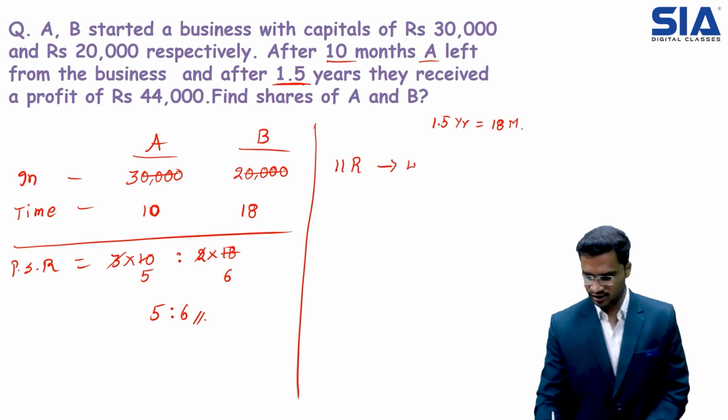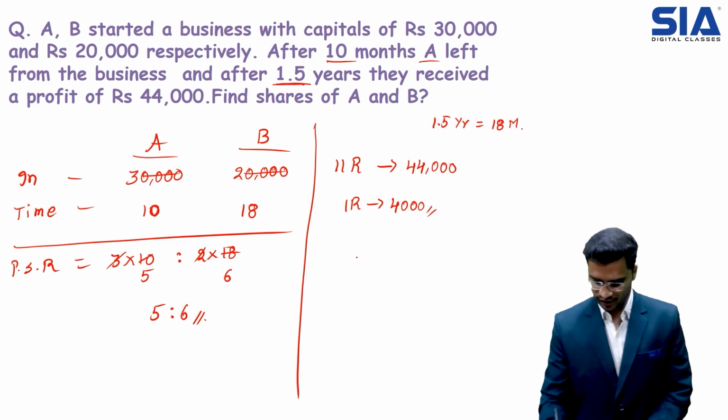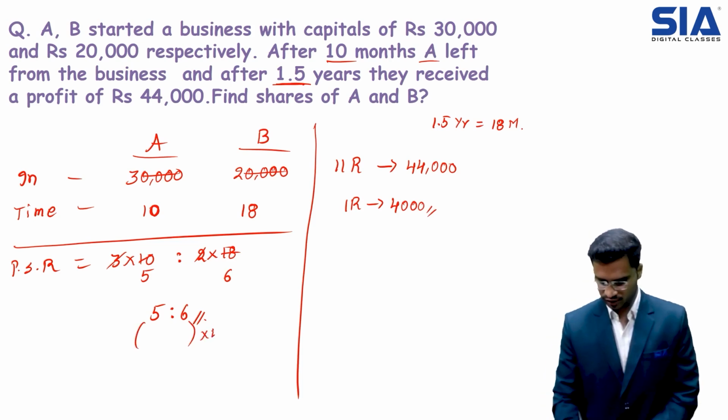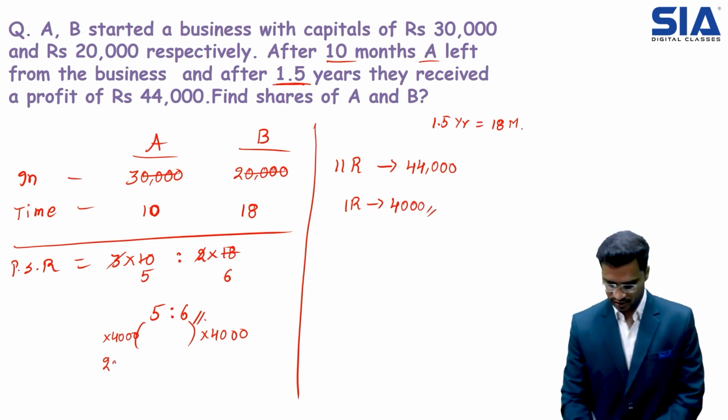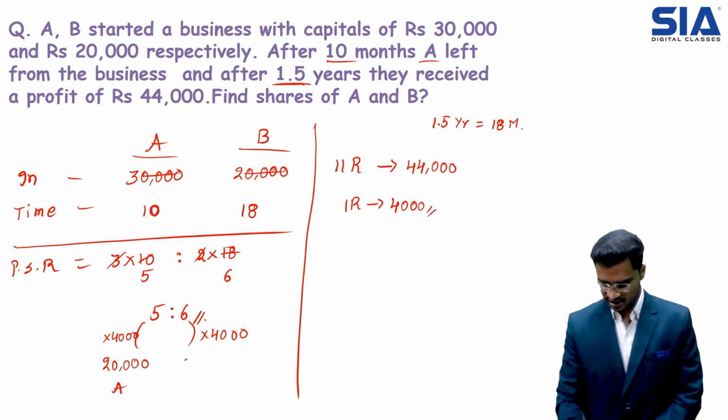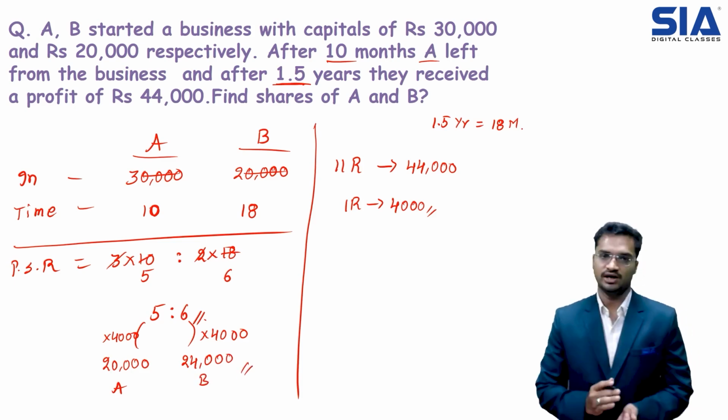If 11 ratios represent 44,000, then one ratio will be 4,000. We have to multiply this 4,000 to both of these ratios, then we get our answer. 5 into 4 is 20,000, so A is getting 20,000 as profit, and 6 fours are 24,000, so B is getting 24,000 as his profit.